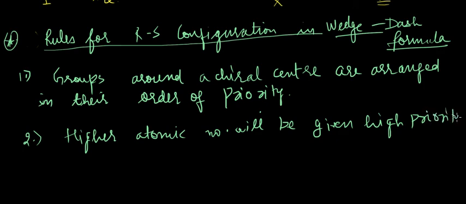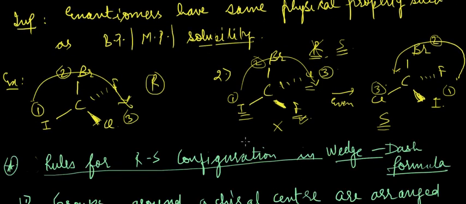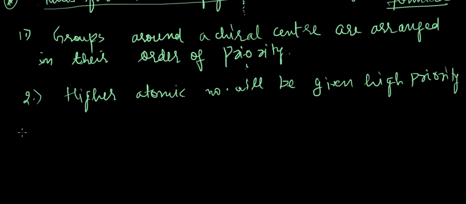The third one is the fourth group or the least priority group must be away from the viewer, then only we can apply the RS configuration.